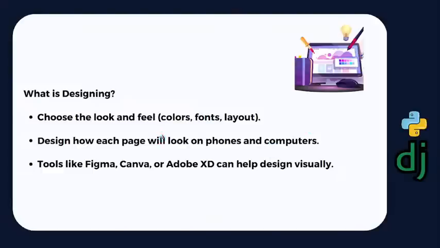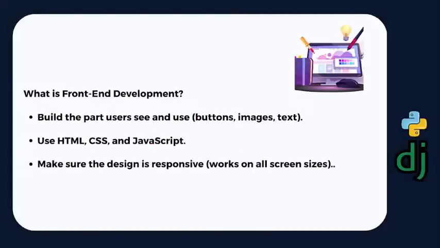Then we enter into the coding session. After designing, we need to build the front end. We already saw what the front end is, right? It is the part users see and use, like buttons and images.